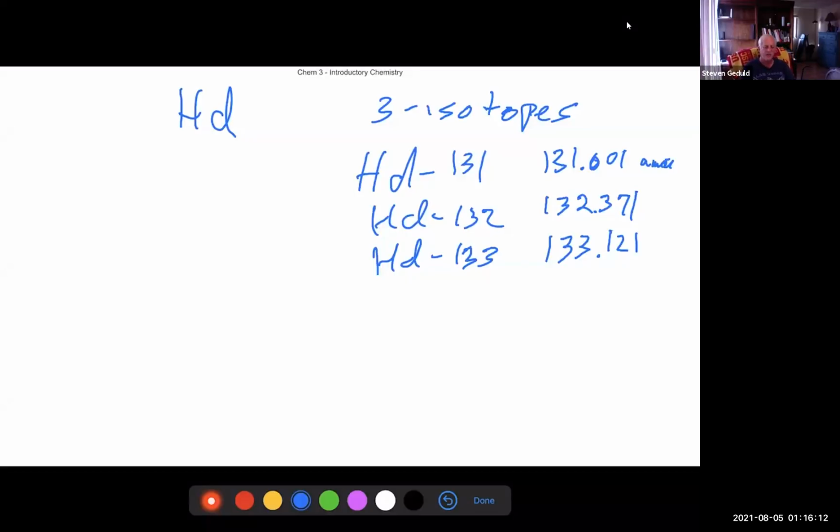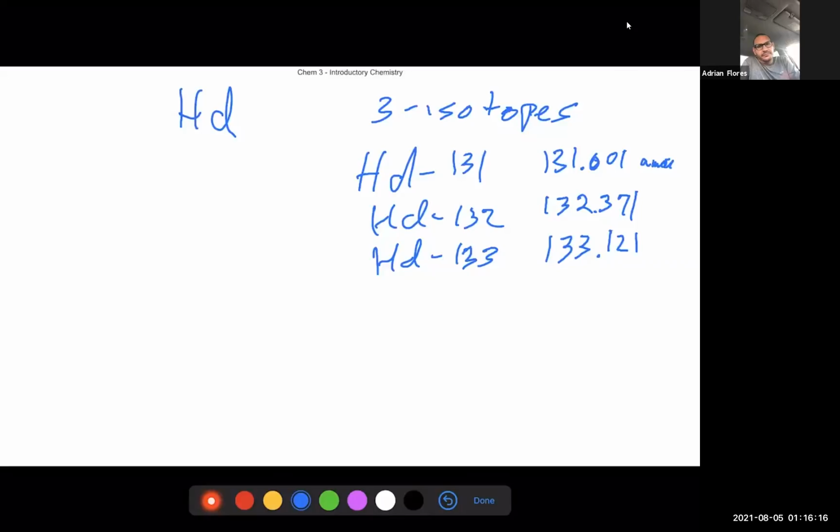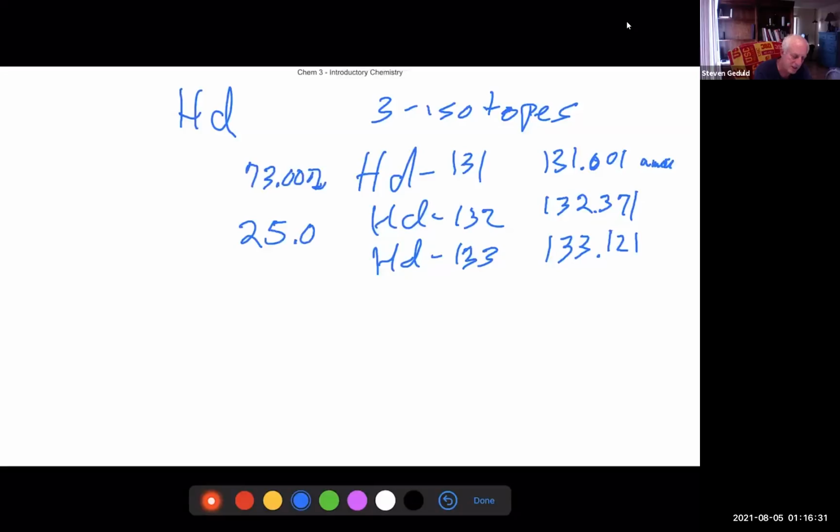So those are the masses of the different isotopes. Let's say we have a percentage in nature: 73.00% HD131, and say 132 is 15%.